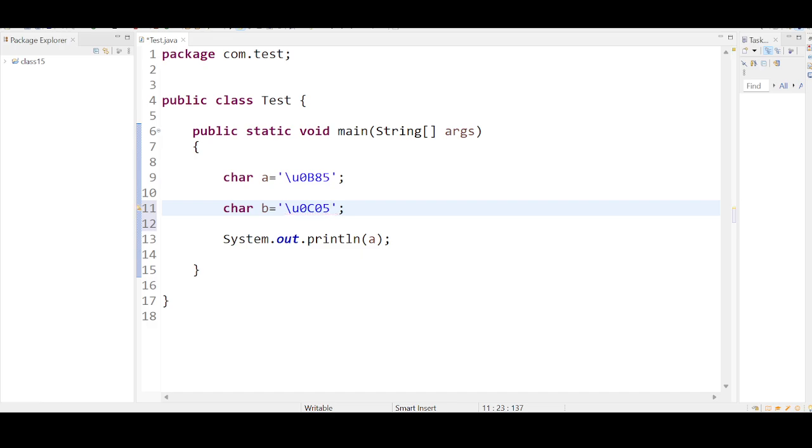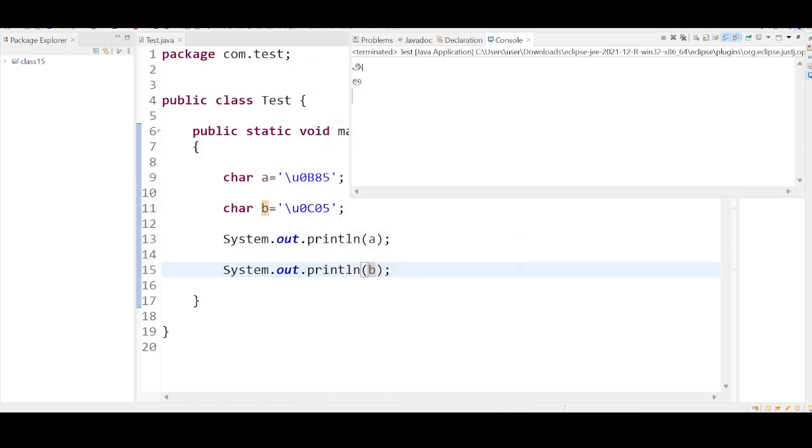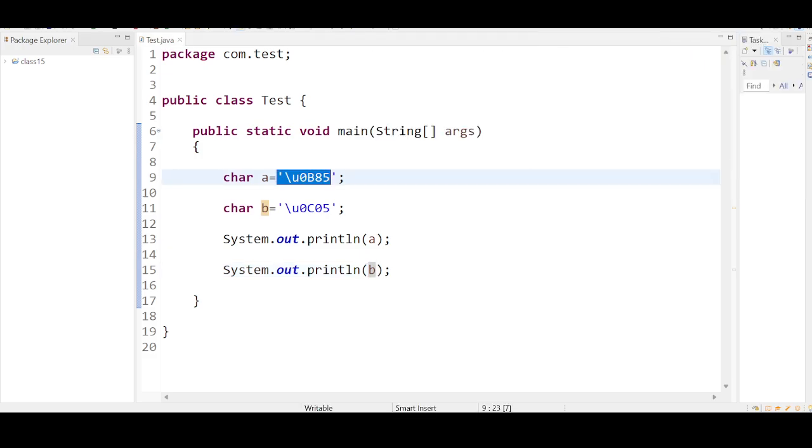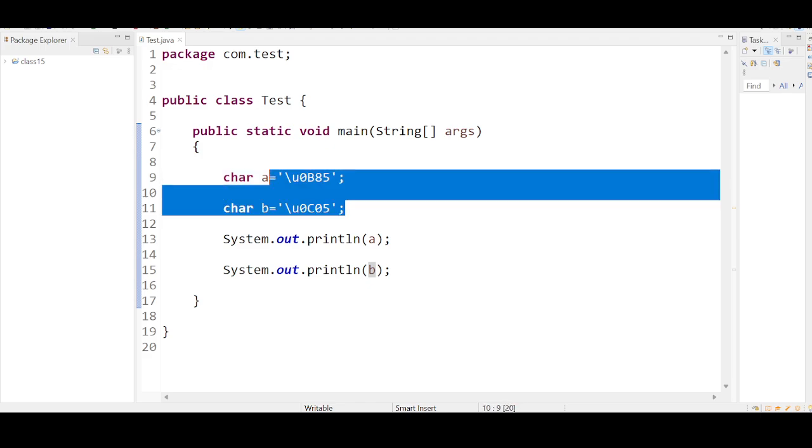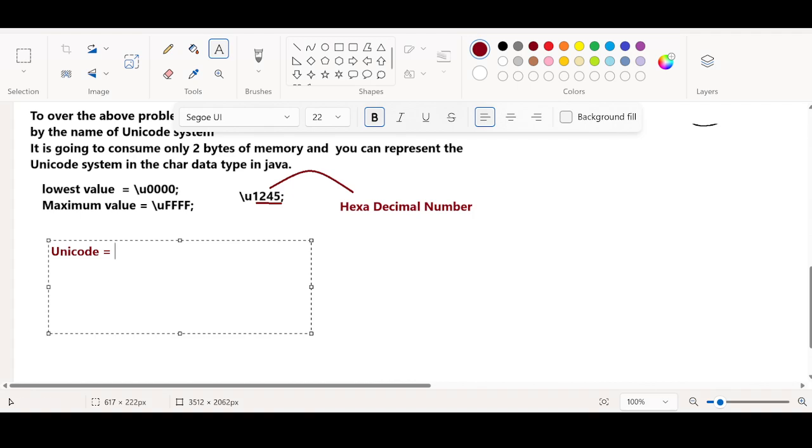Now I want to print both A and B. See, you have the Telugu first letter, right? So what I'm trying to say is every unique code is specifically mapped to a particular letter of a language.